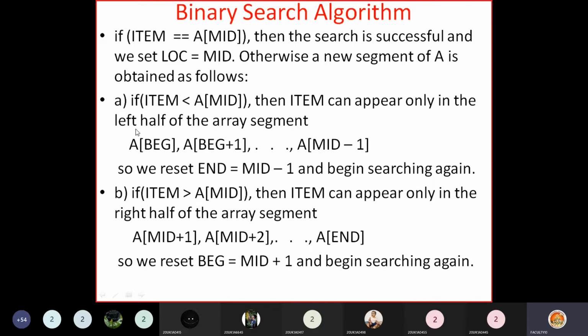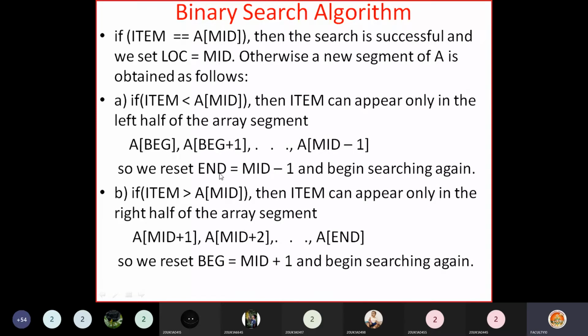So this is how we reduce the array to half of the segment. We will search only in a of beginning to a of mid minus 1 if the item is less than the middle element. In this case, your beginning will remain the same, but your end will become mid minus 1. Always you have to store the beginning position and end position of the array segment.